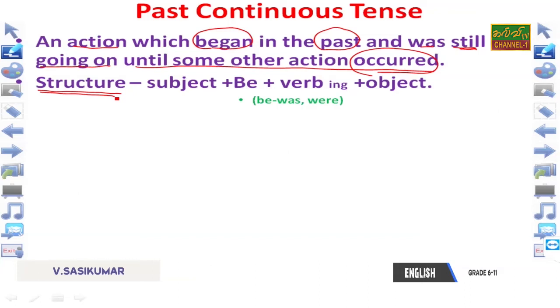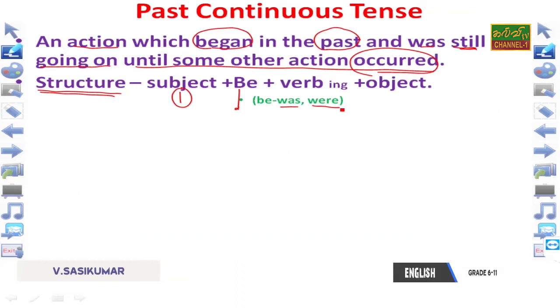Past continuous tense, the first one, subject. Then second, be verb. In this session, dear students, earlier we studied the be verb. In the present continuous, the be verb is am, is, are. But here, the be verb is was, were. Can you see the helping verb there?